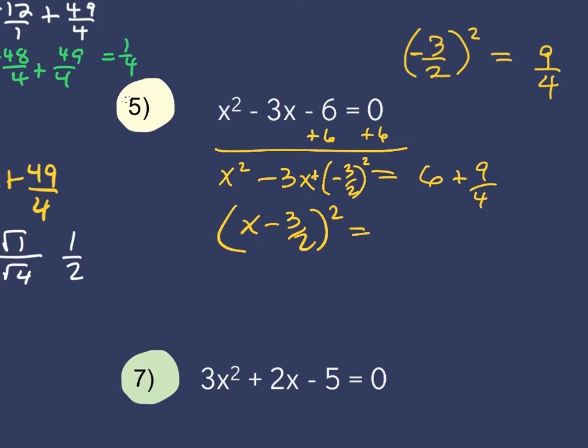So it depends on how you're learning this, but because I've moved it to the other side, and I'm using my properties of equality, where I need to keep the equation balanced, whatever I add to the left side, I'm adding the exact same thing to the right side. So I'm actually adding 9/4 to both sides. Does that make sense?